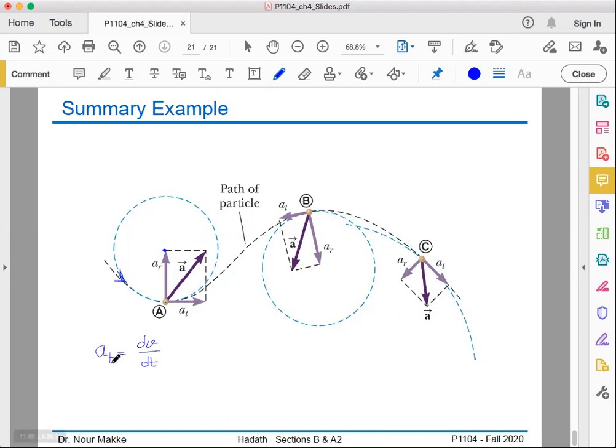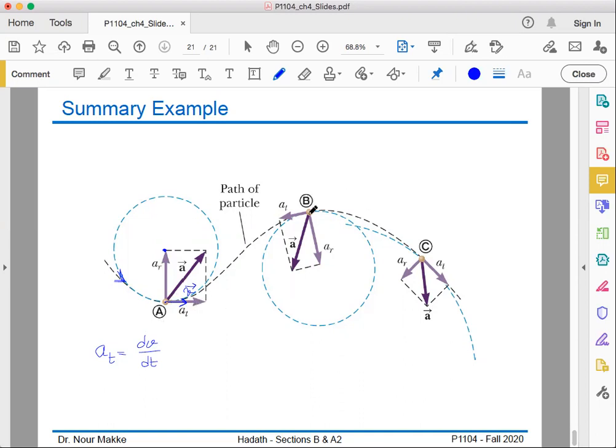That means A tangential is positive, so A tangential is in the same direction as V. V is tangent to the circle at any point. Since V is increasing, A_T is positive, and so it is in the same direction.